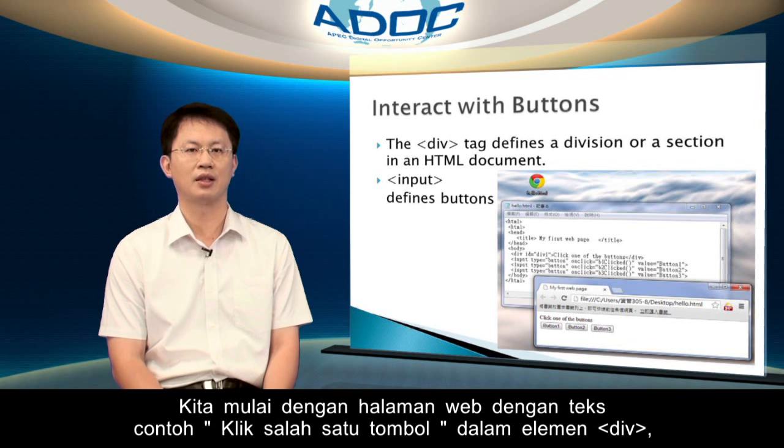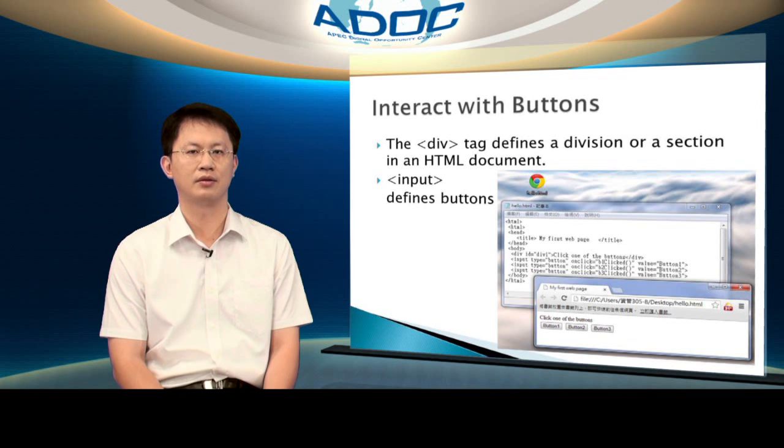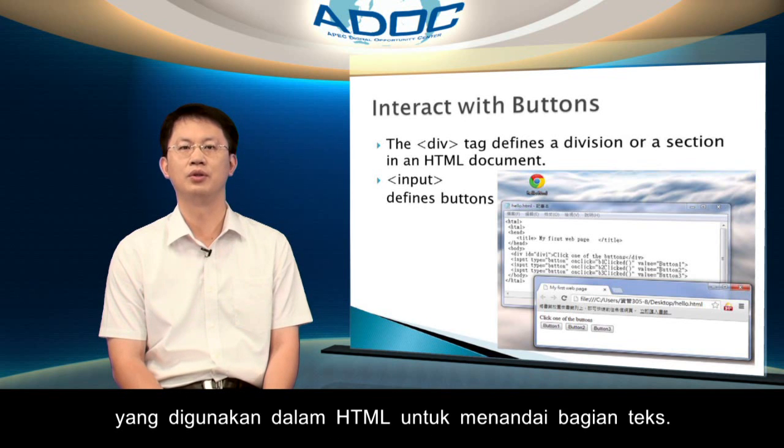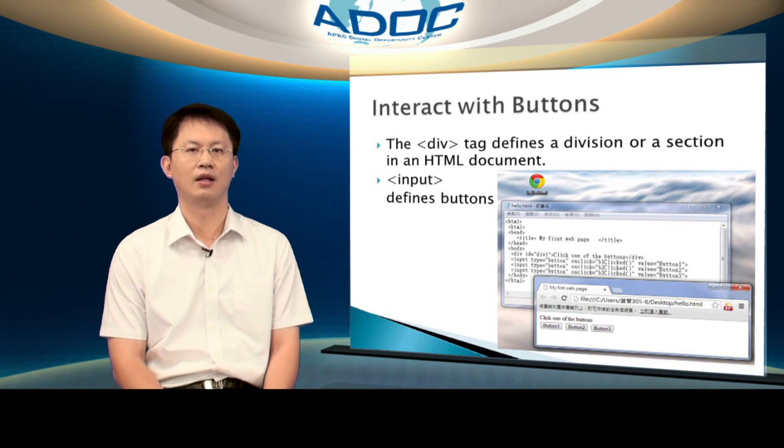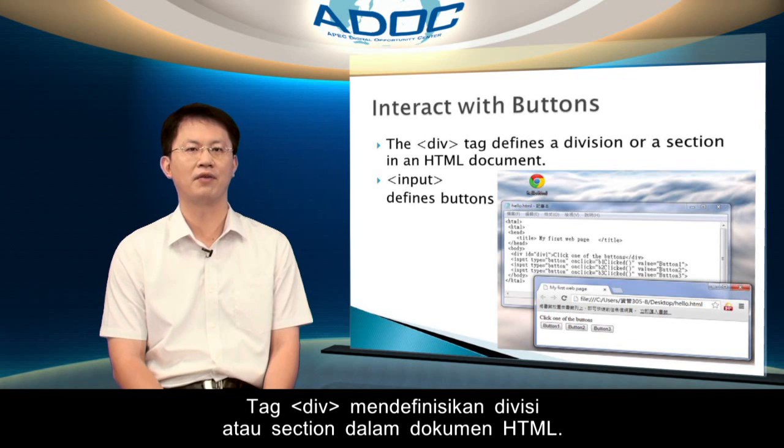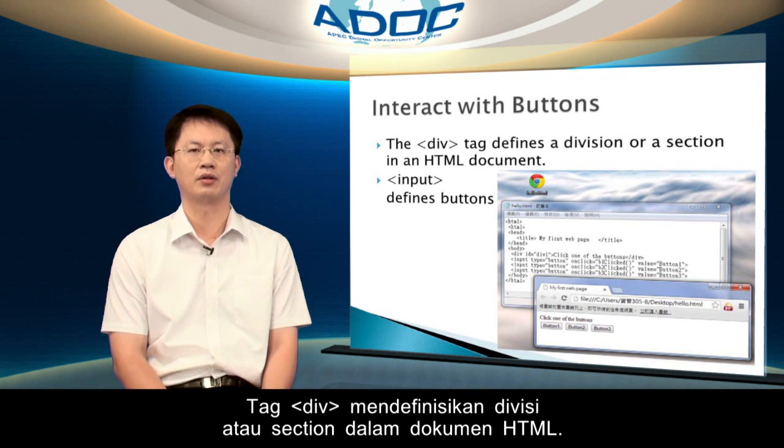We start with an example web page. With the test, click one of the buttons in the div element, which is used in HTML to mark sections of text. The div tag defines the divisions or sections in the HTML document.